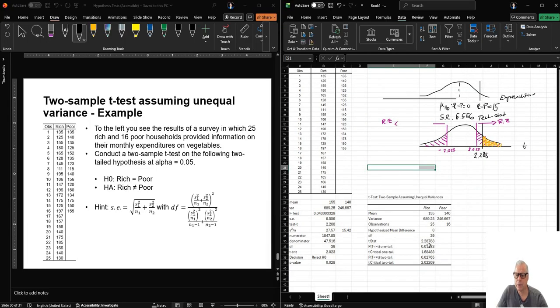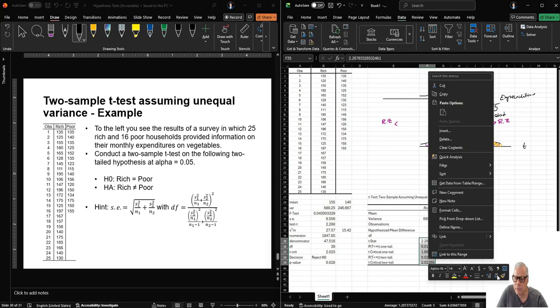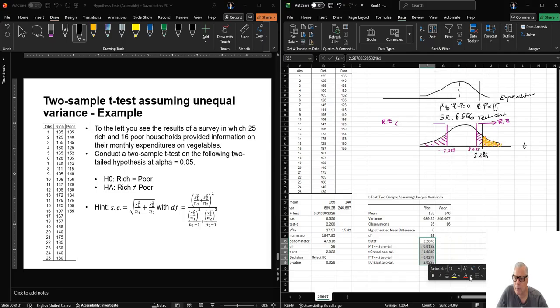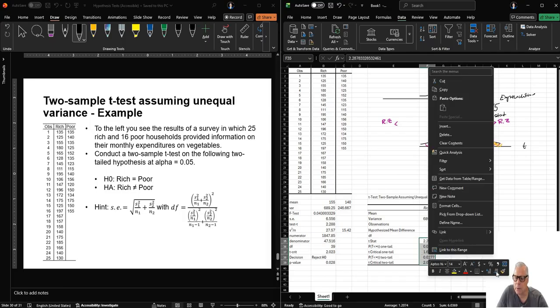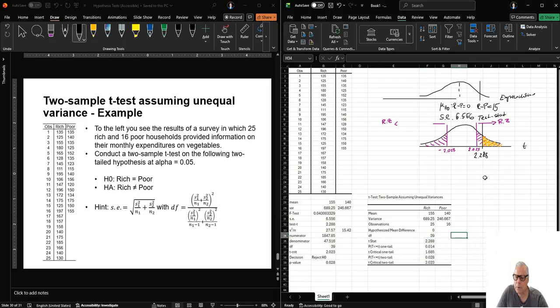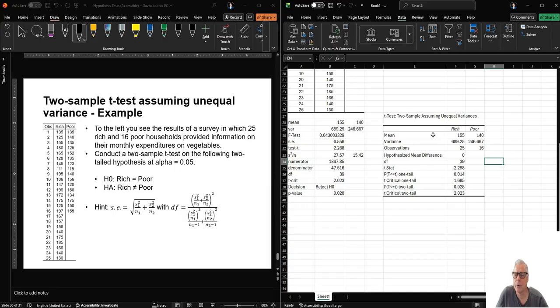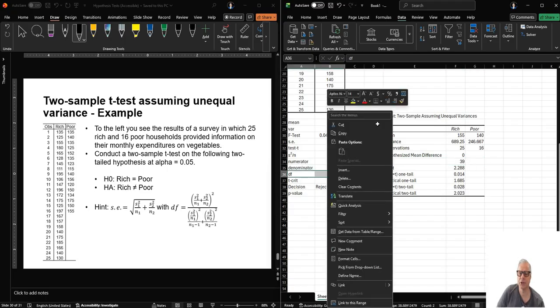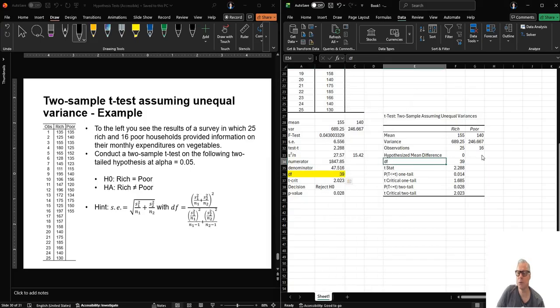So, okay, now what can we see? We see a difference of 15. The degrees of freedom here, that's important, the 39. That's what we calculated here tediously too, so that is equal to this.